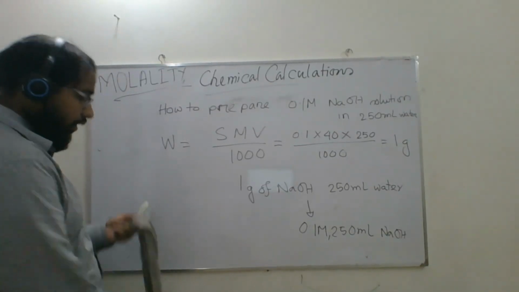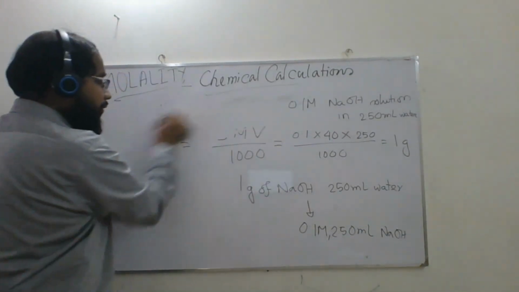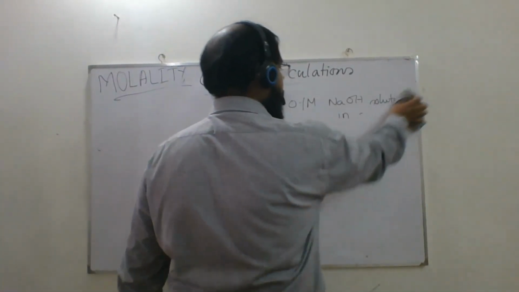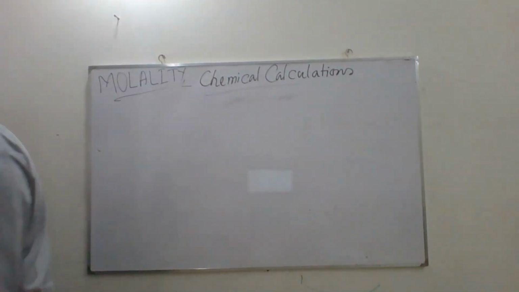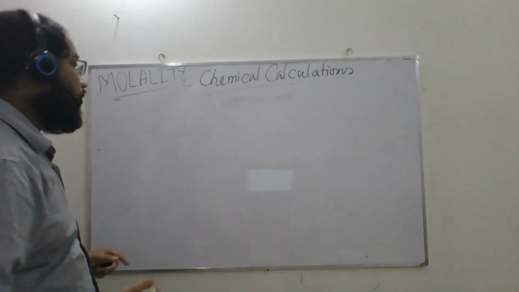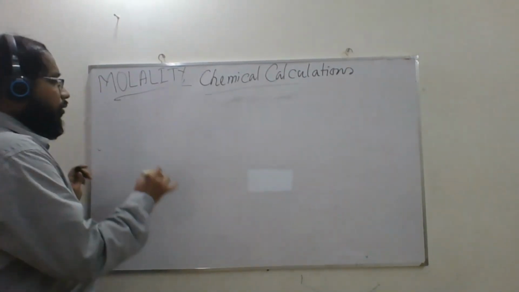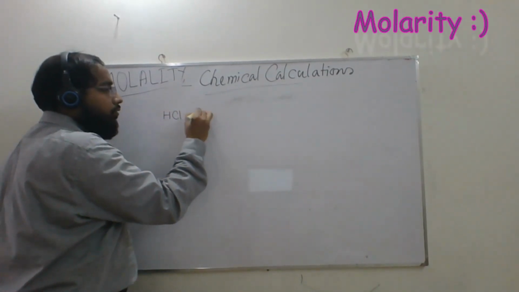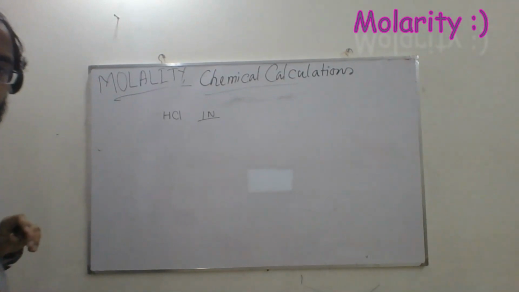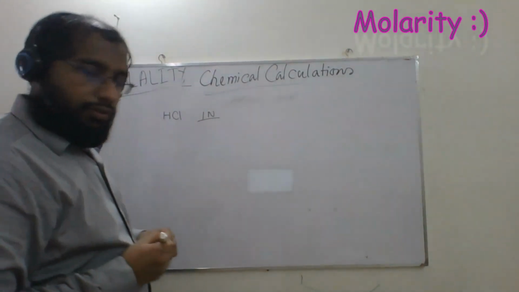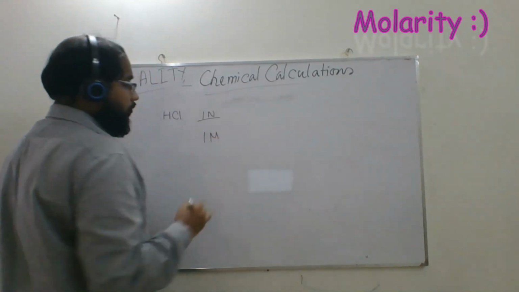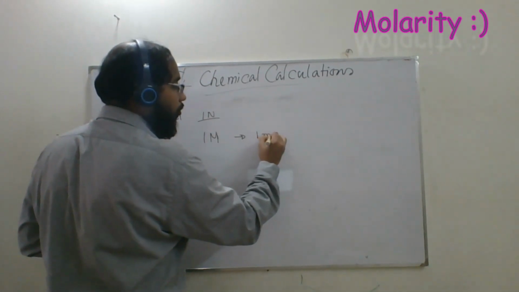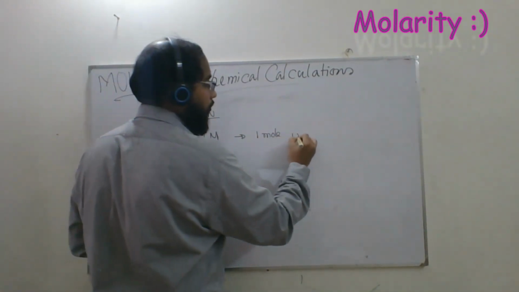Now if we consider preparing a normal solution, that means if we want to prepare one normal HCl solution. We know that to prepare 1 molar, we need to dissolve 1 mole in 1 liter.